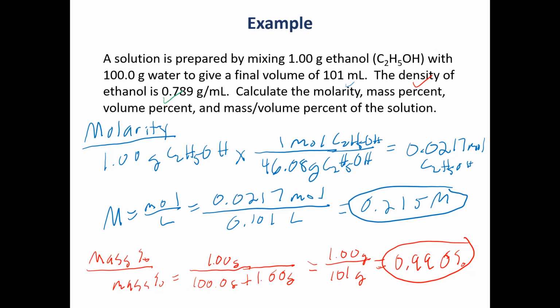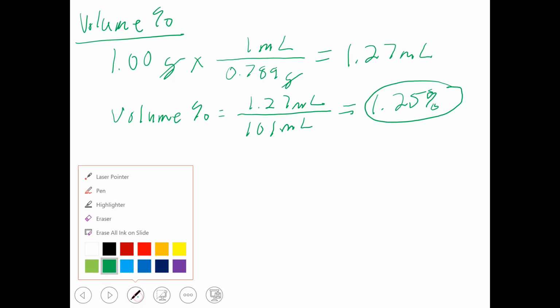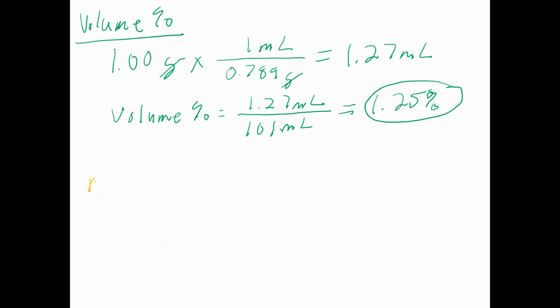So the last thing that we want to calculate is the mass volume percent. And luckily for us, we already have the mass of ethanol and the volume of solution. Let's go with an orange color.